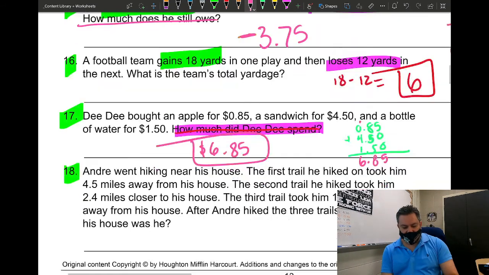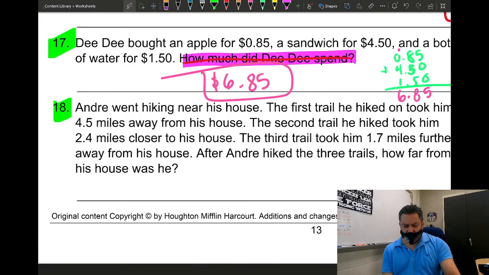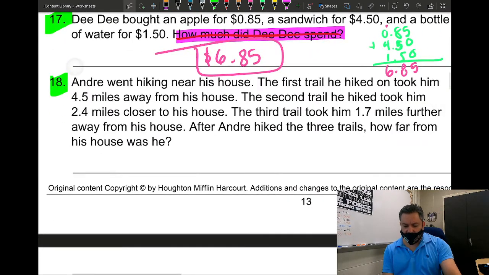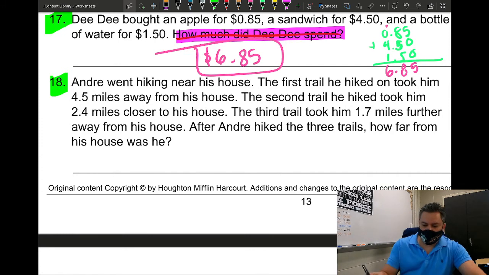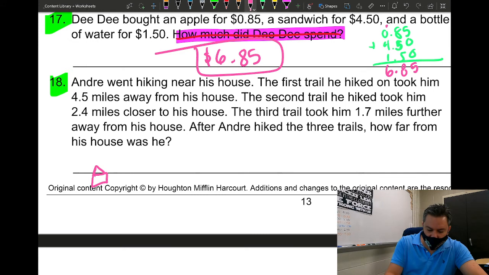Number 18. Andrew went hiking near his house. The first trail he hiked took him 4.5 miles away from his house. So a little small drawing might help you. So the house. The first one is 4.5 miles.